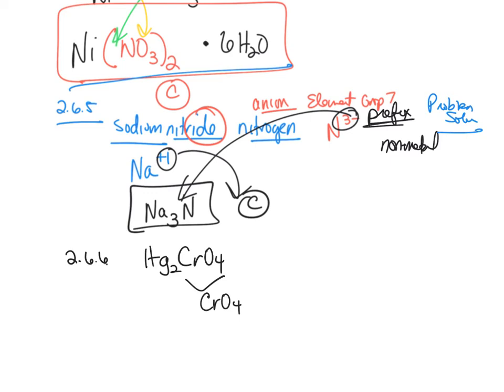And you go to your page on 56, and you see that this is CrO4 is a 2 minus, and it's called chromate. And then this is a mercury 2 plus, and that is mercury.